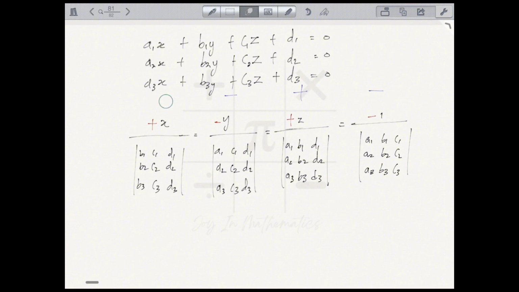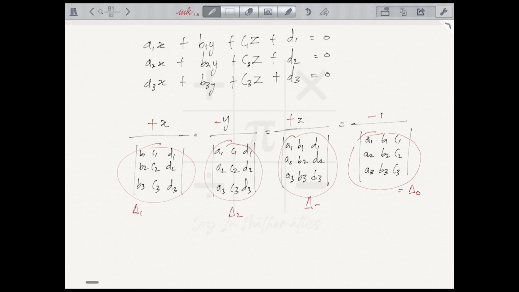So let me clean this and let's proceed. To further simplify this, we can say that everything here is equal to delta 0, delta 1, delta 2, and likewise delta 3.